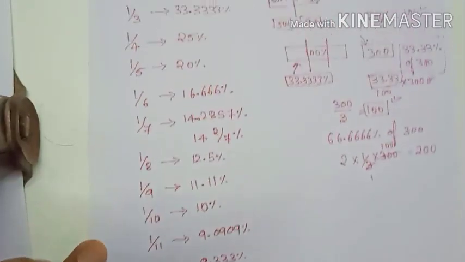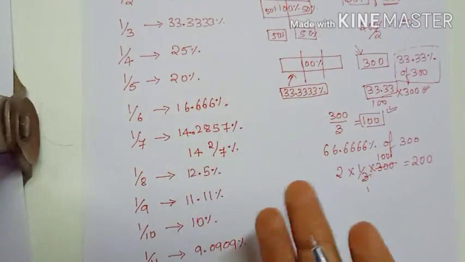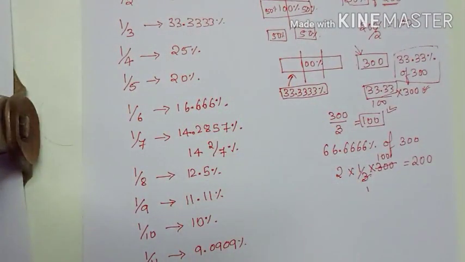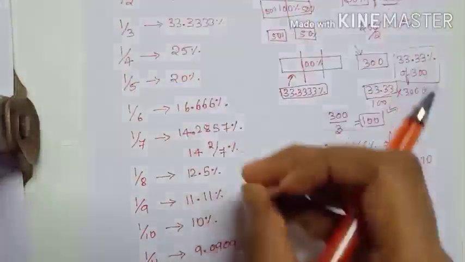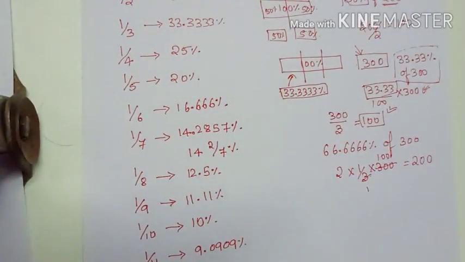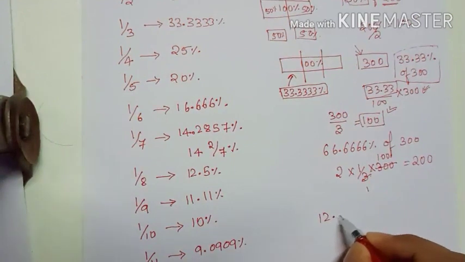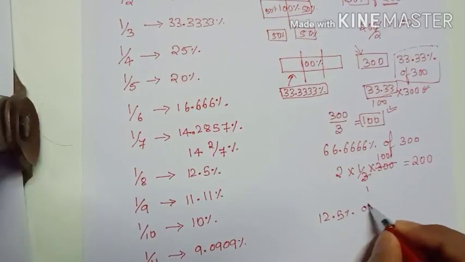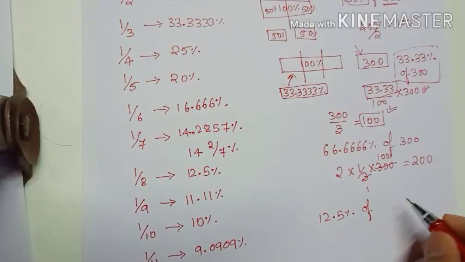See, these fractional values and their respective percentage values you have to remember. Definitely these will help you out to reduce the time in finding the percentages. Suppose if someone asks you to find what is 12.5% of, right, 12.5% of like 160.